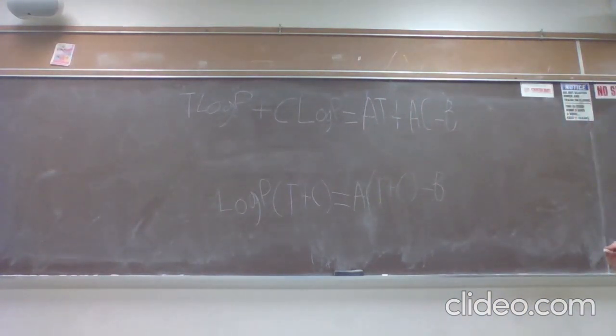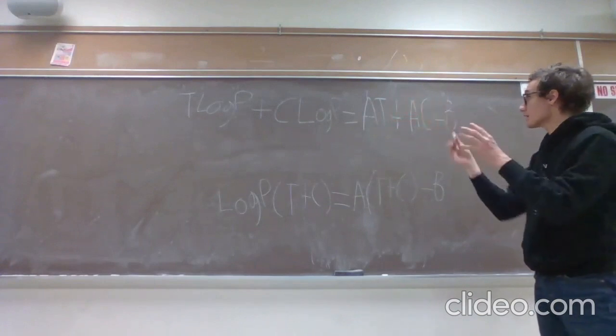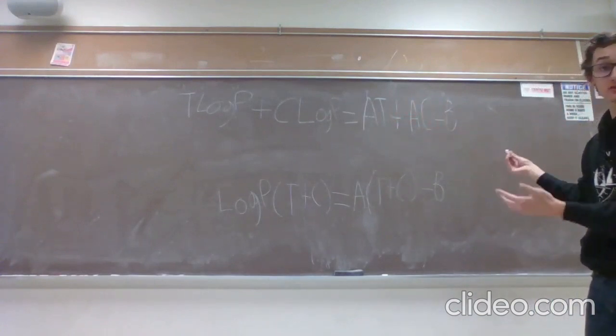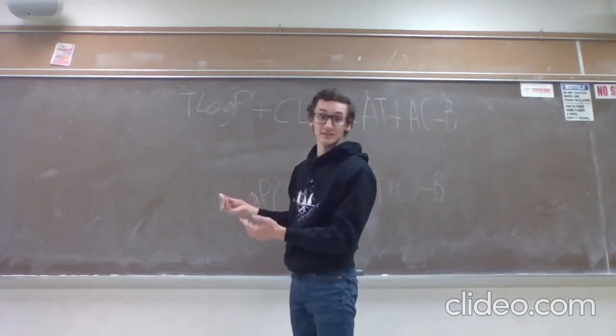And now we want T log P to be on a side all of its own, because we know those variables. Everything else either has an A, B, or a C involved. And this means we can have our answer, and we can derive our equation using our matrix.